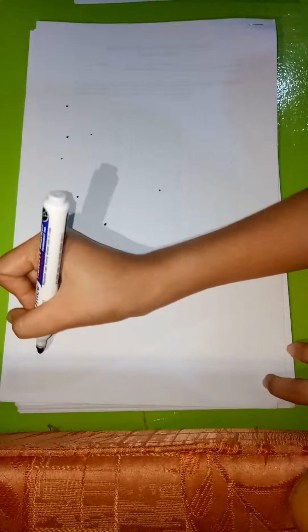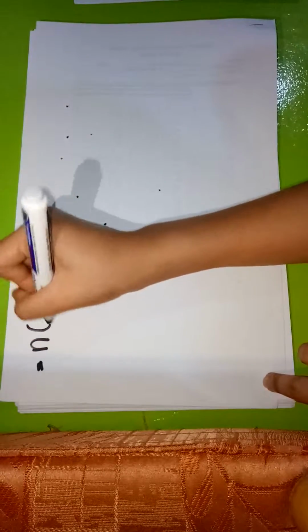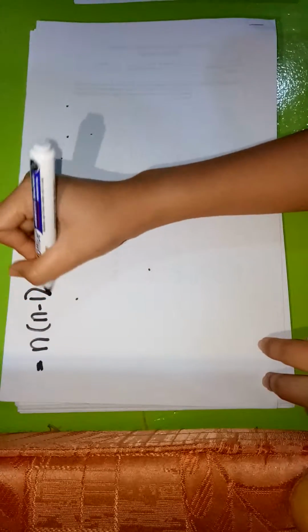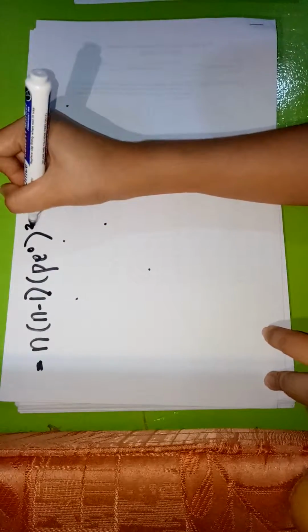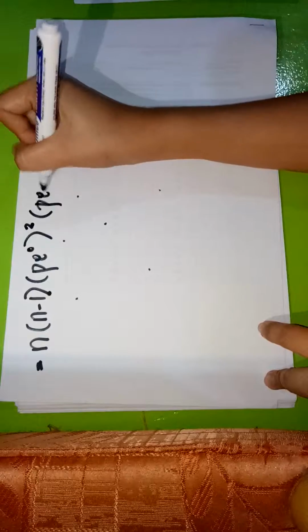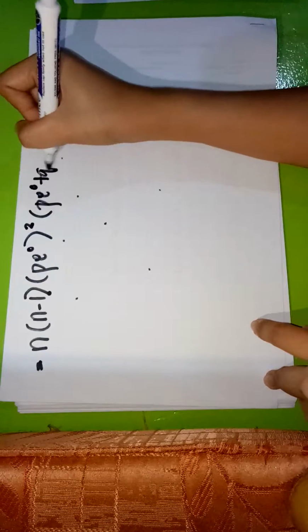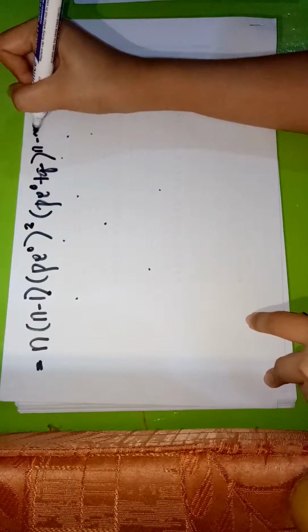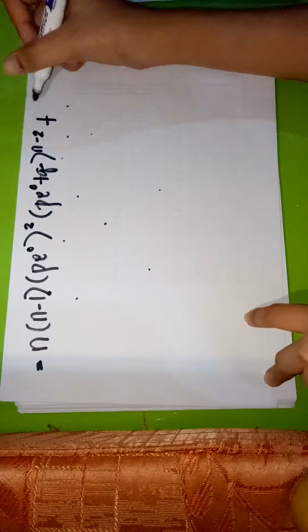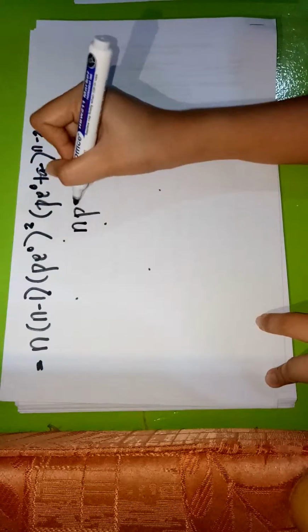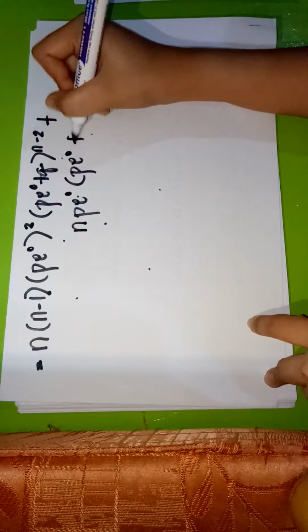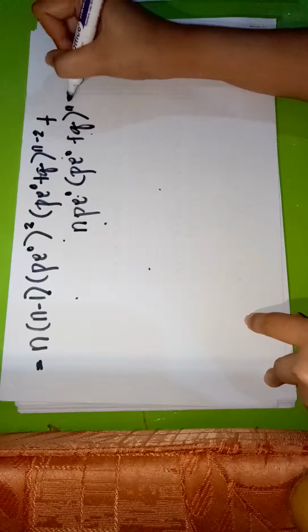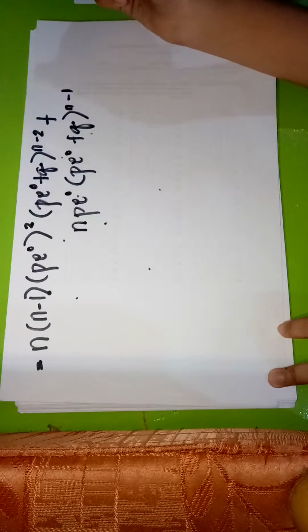So we have here n times n minus 1 times quantity p e to the power of 0, squared, times quantity p e to the power of 0 plus q, to the power of n minus 2, plus np e to the power of 0 times quantity p e to the power of 0 plus q, to the power of n minus 1. We have our knowledge that e to the power of 0 is equal to 1.